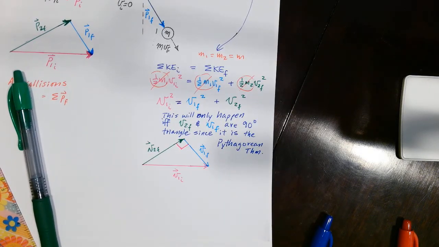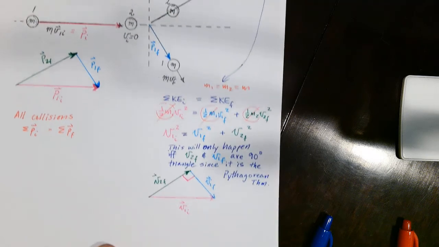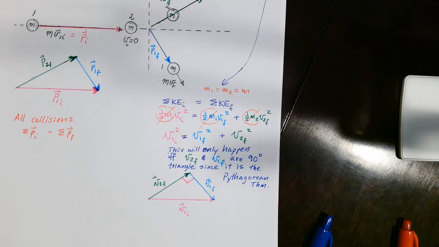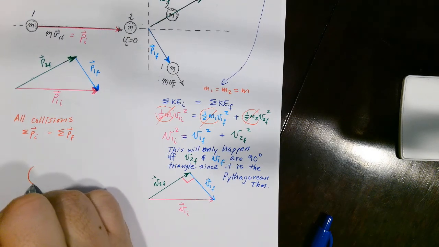So if you don't put any spin on the ball, like if you don't put any English on the cue ball, and you hit the cue ball directly at the center all the time, then when it hits the other billiard ball, they should go off at 90 degrees. But if you hit the cue ball at different spots, then it will go off at angles other than 90 degrees.